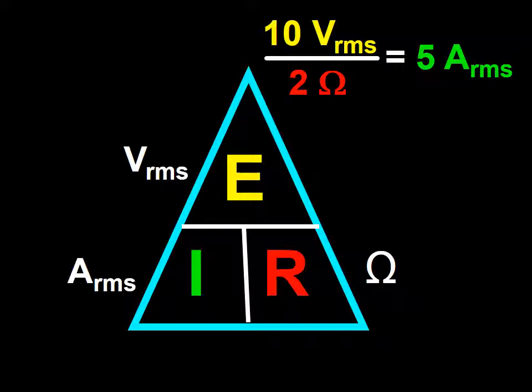This is the Ohm triangle. In this case, we know that the voltage source is 10 volts RMS and that the resistance is 2 ohms. Therefore, if we divide the voltage by the resistance, we get 5 amps RMS.